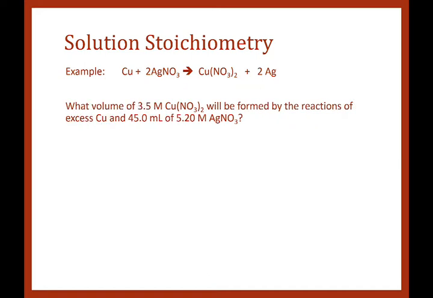And that is the same equation, but now I want to know, hey, what volume of the copper 2 nitrate, so now I'm going to be solving for volume, would be formed by these reactions. Again, excess copper, so same process. We're going to do volume times molarity because we need to know how many moles of the solute we have.